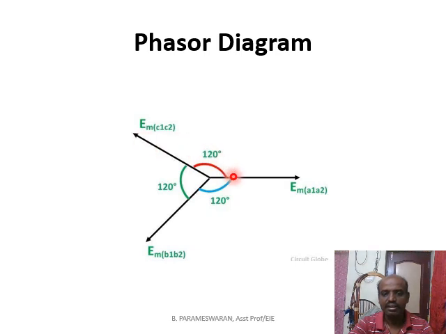If you see the angle between A and C, it will also be 120 degrees. During the construction itself, we informed that the three coils are placed 120 degrees apart. So the angle between each conductor will be 120 degrees, 120 degrees.